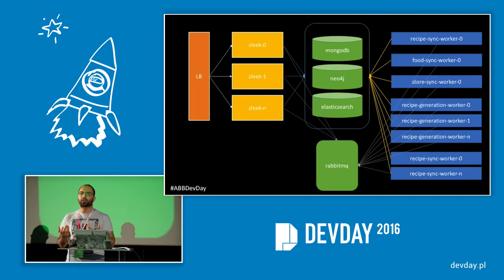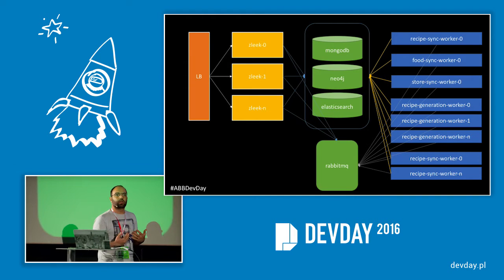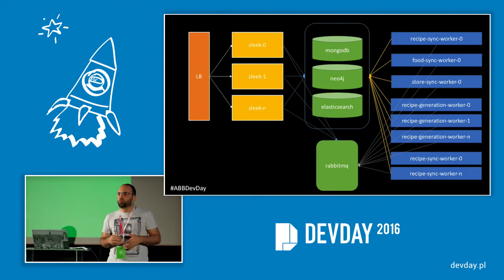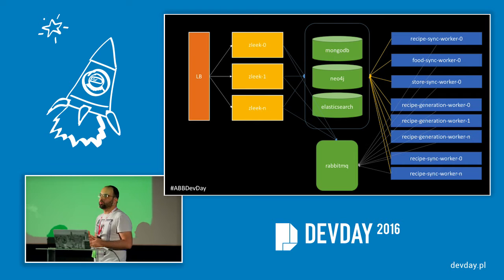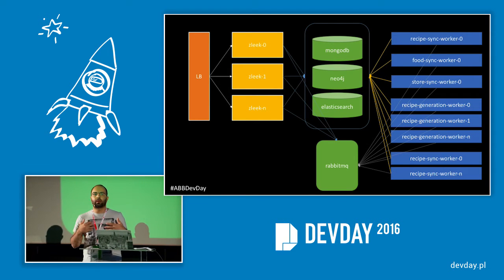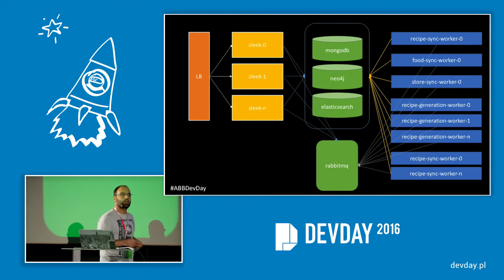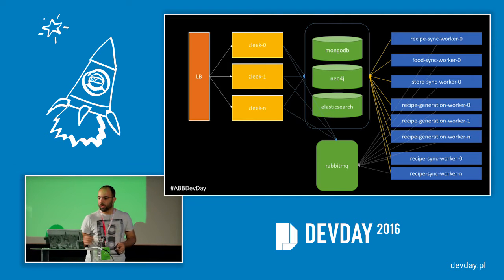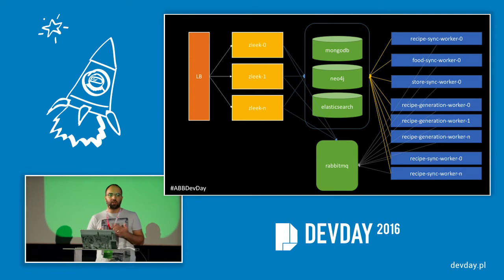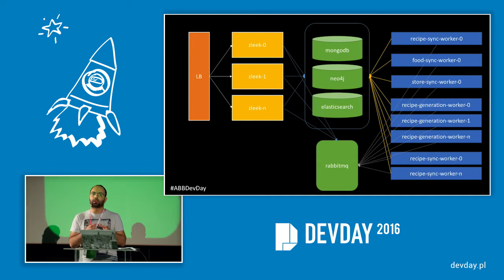The idea is that those clients will never be broken. So it should survive any type of deployment. It should survive whenever we add a new feature. Those clients shouldn't be broken. So we will actually see how we can do those in this type of architecture.